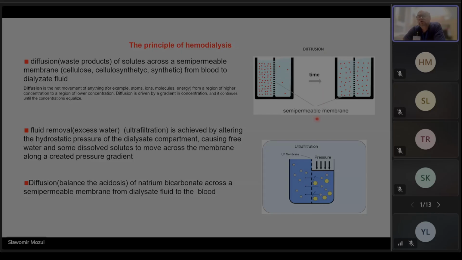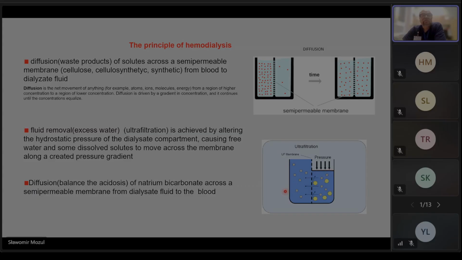On the other hand, diffusion of bicarbonate is also used to treat metabolic acidosis. It occurs across the semi-permeable membrane from the dialysis fluid into the blood, because the dialysis fluid contains a high concentration of bicarbonate, while the patient's blood contains a low concentration.